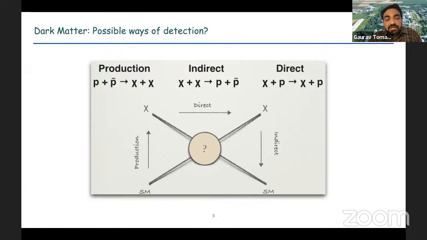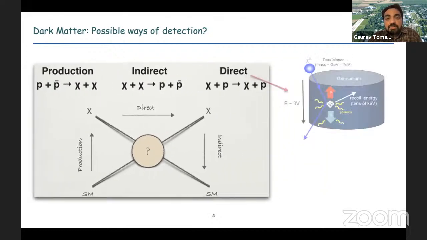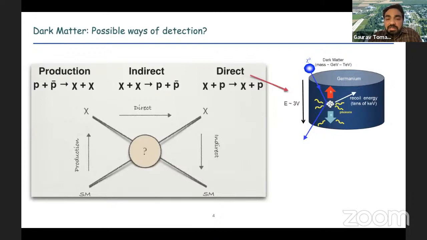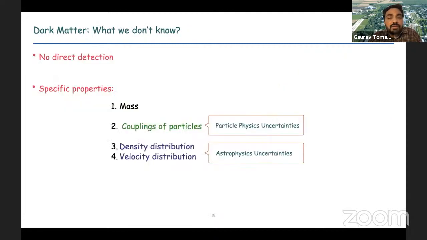We can detect it indirectly, where dark matter could annihilate or decay to standard model particles, or we can detect it directly, when dark matter comes and hits a target nucleus, it recoils. And we try to observe this recoil by various methods, maybe through scintillation, through ionization, etc. So this work is focused on direct detection.